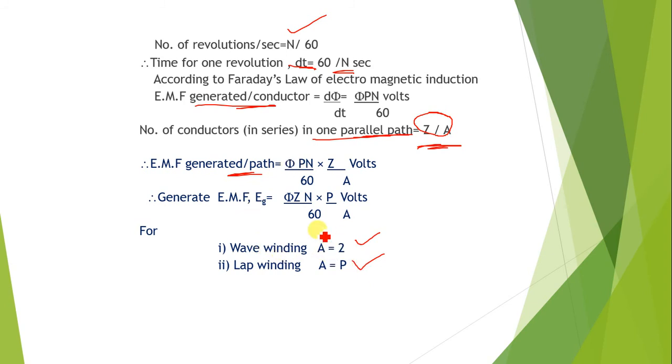We will start with wave winding: the equation becomes phi Z N by 60 into P by 2.